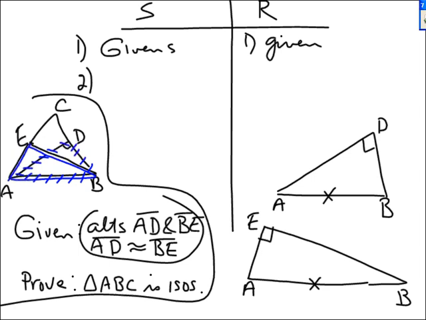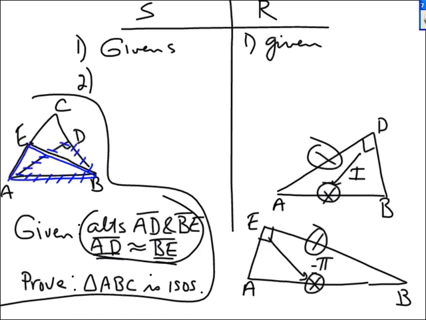And we were told that AD and BE are equal. Well, the hypotenuses are the ones with the X's, the AB. In a right triangle, if the hypotenuses are congruent, and you have one leg being congruent, the triangles are congruent. These two triangles, triangle 1 and triangle 2, are congruent.